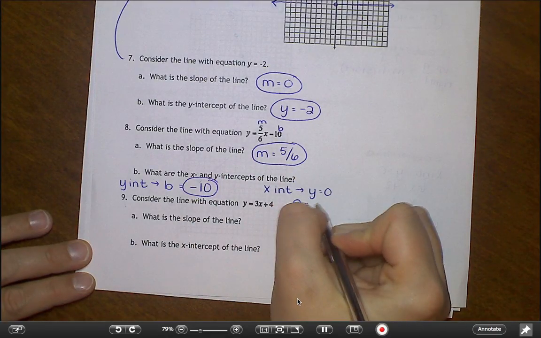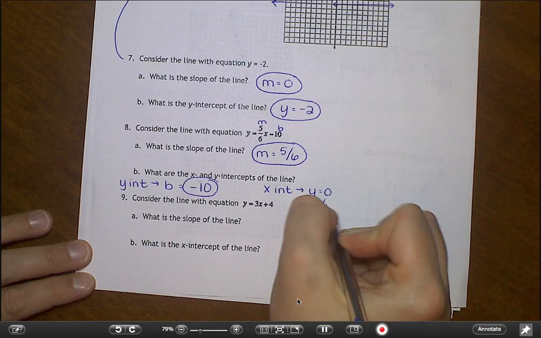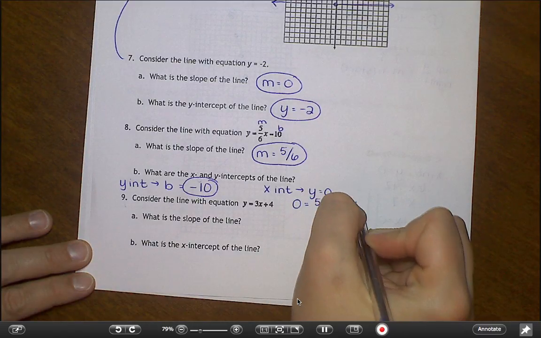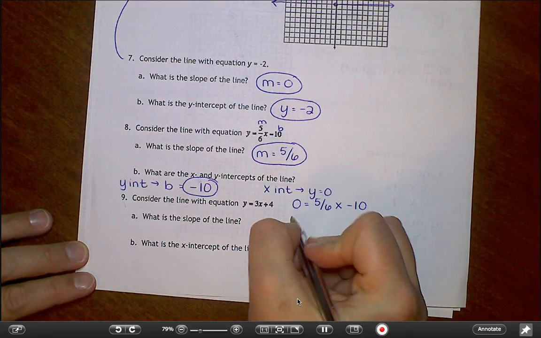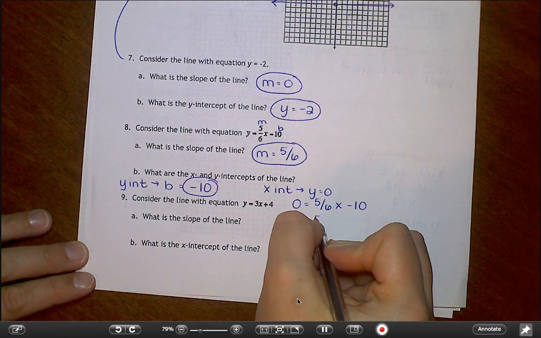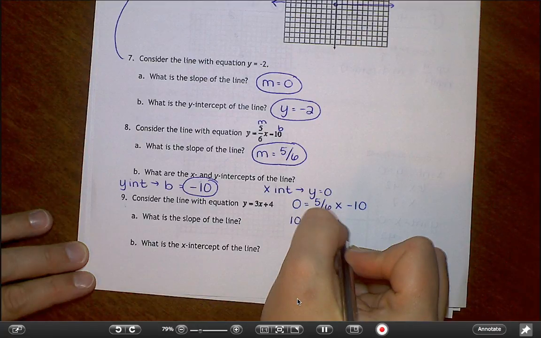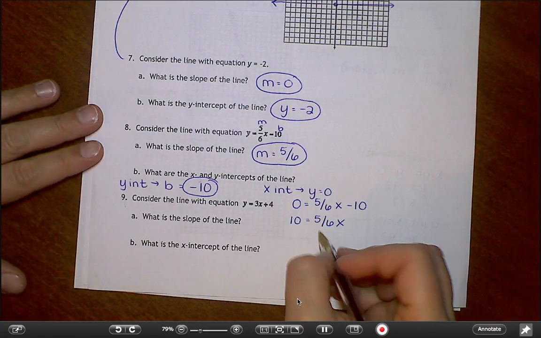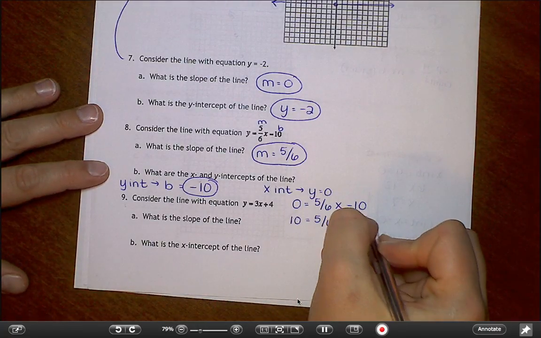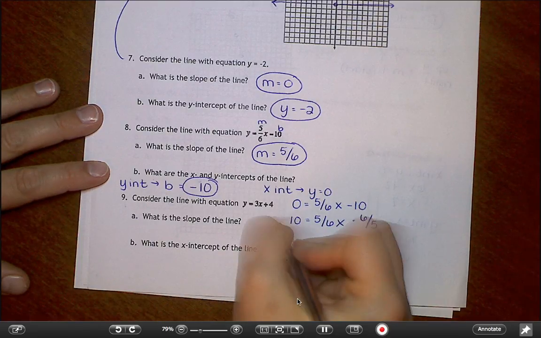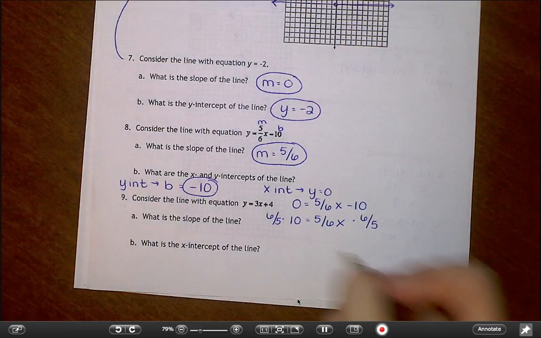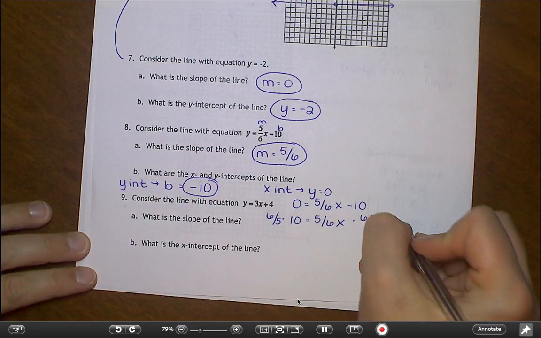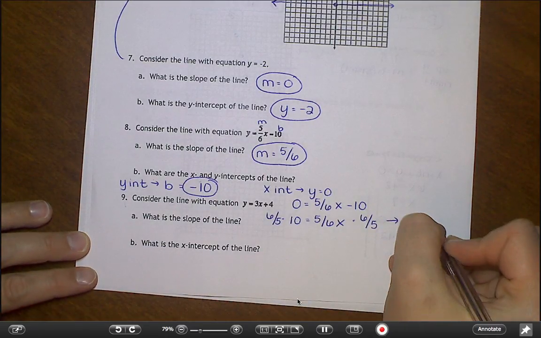So I'm going to say 0 equals 5/6x minus 10. I'm going to take some shortcuts here. Move the 10 to the other side, so I get 10 equals 5 over 6x. Okay, and then to get rid of that 5 over 6, I would multiply by the reciprocal. And let's see, that's going to give me 12, I believe. So x equals 12.